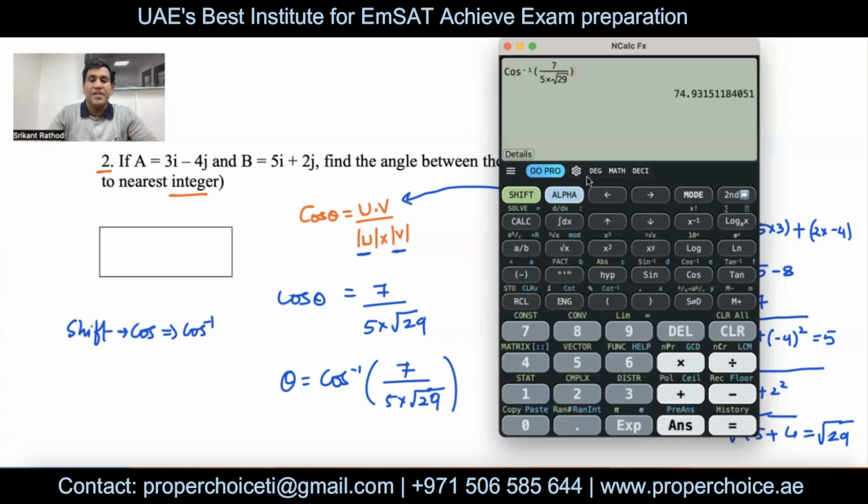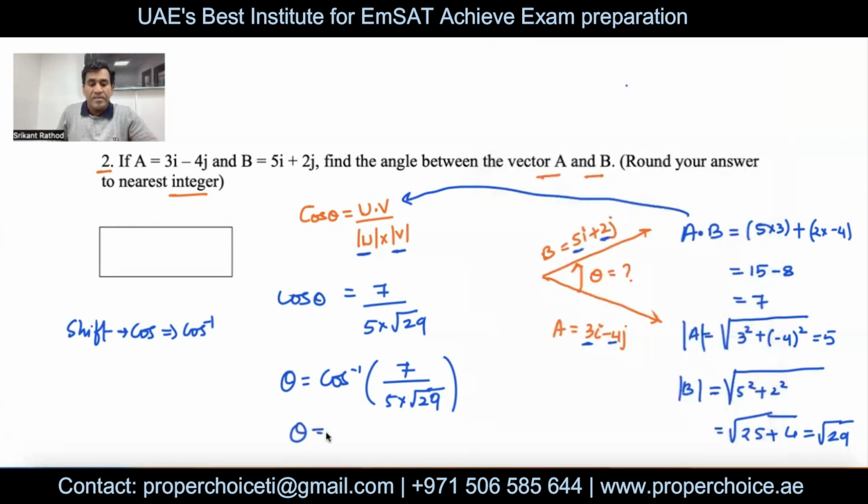If you have a Casio FX-991, you can change the mode accordingly in the shift mode settings. I'm getting 74.931. So theta is equal to 74.931, and the question asked me to round the answer to the nearest integer.